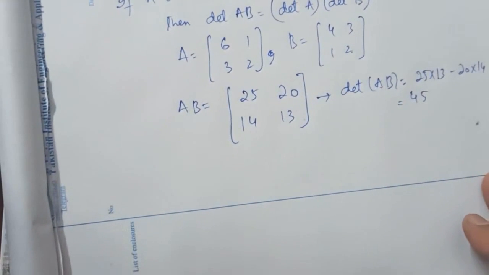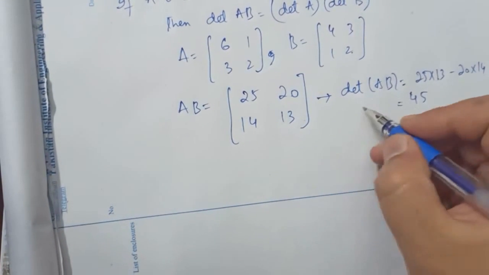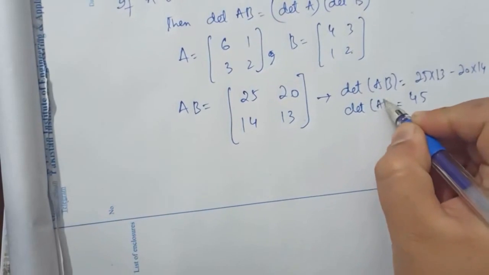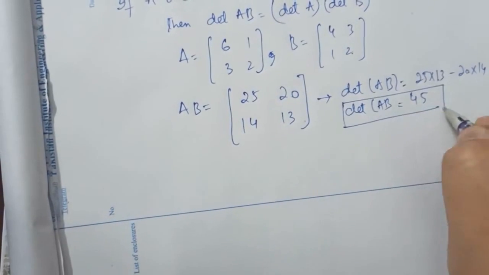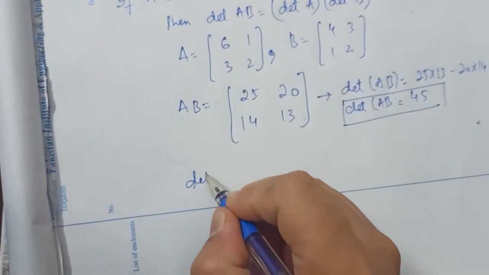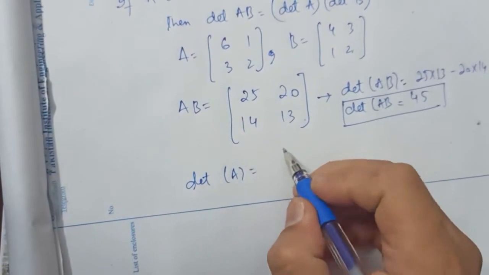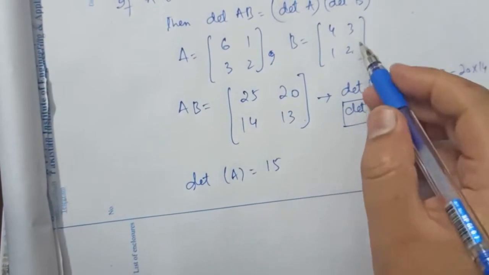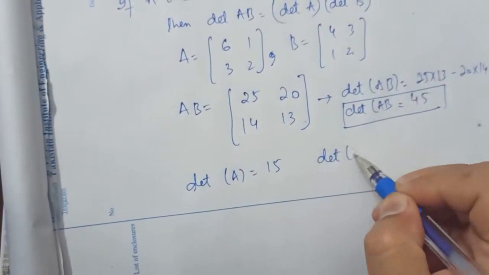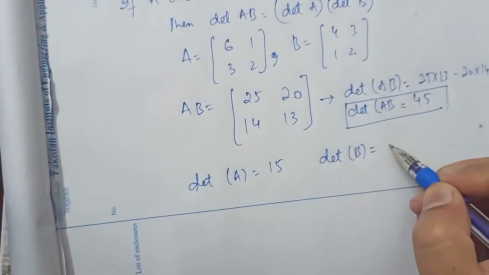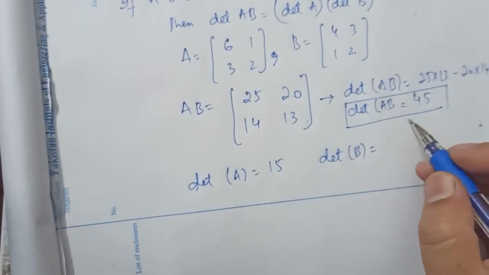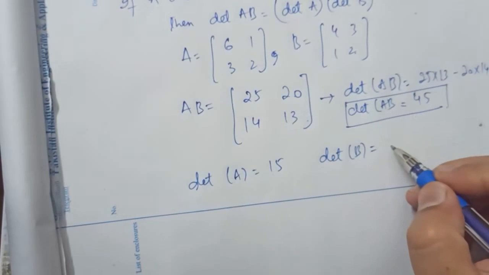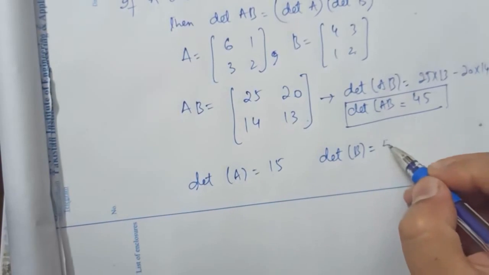So this is determinant of AB. Now if you find the determinant of A here, determinant of A is equal to 12 minus 3, that will be 9, and determinant of B is equal to 8 minus 3, that will be 5, right?